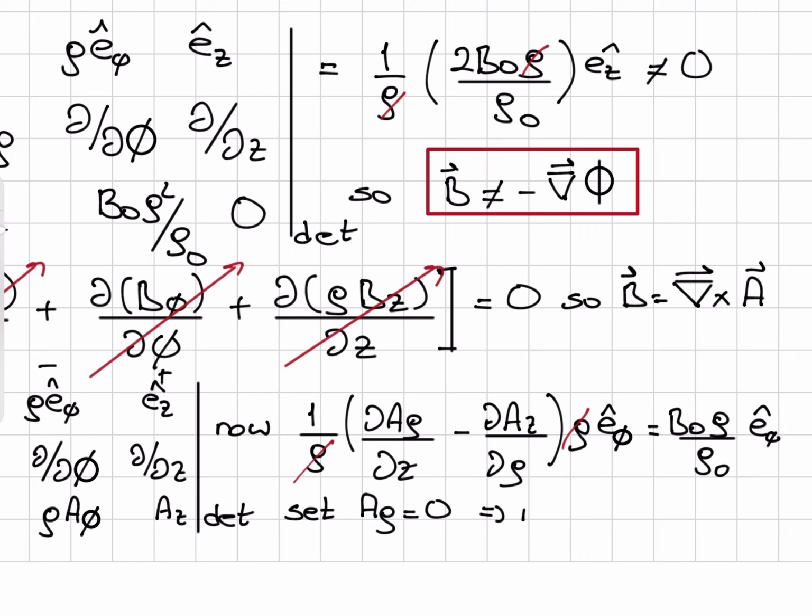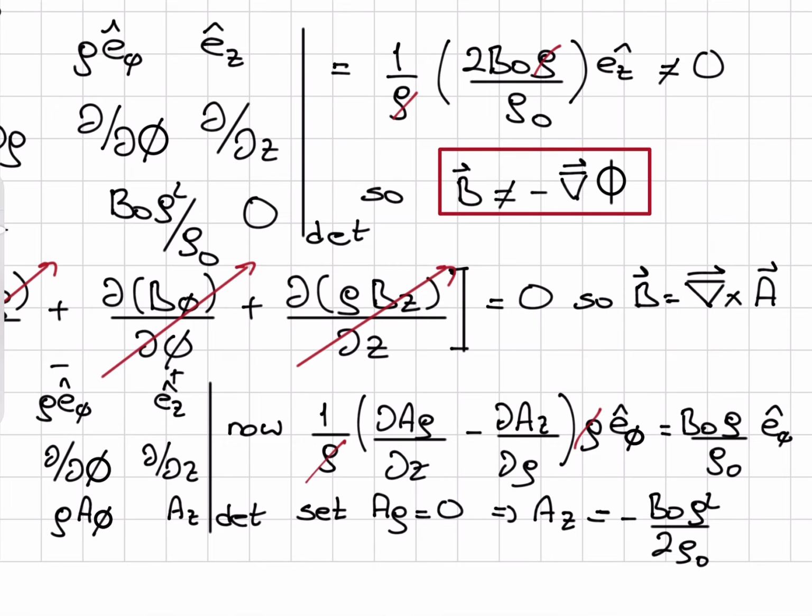So that means I would have to integrate this, the minus sign B0 rho squared over 2 rho 0. So that would be equal to Az. All right. And that would satisfy this equation.